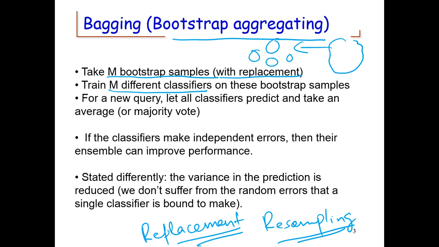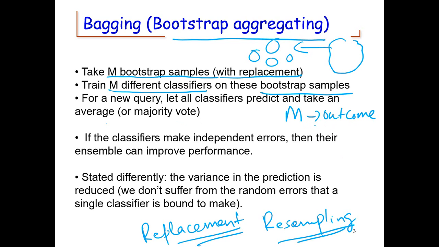But for bagging we would use a decision tree instead of a linear regression on those bootstrap samples. For a new query, let all classifiers predict and take an average. Okay, so once you have m classifiers, you will have m outcomes, right? For every observation in your training data, you will have m outcomes, and out of these m outcomes, just take the majority count.